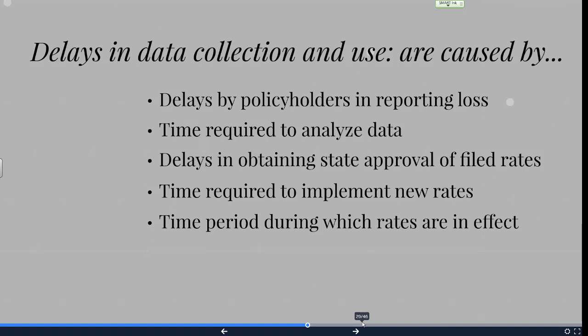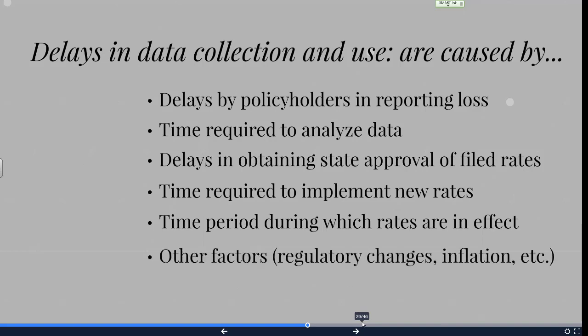So your earned premium on those policies will be based on the old rates. Other factors such as regulatory changes and inflation might also cause delays in data collection and implementation. These delays in data collection and use can be very costly to an insurance company if they're extended.